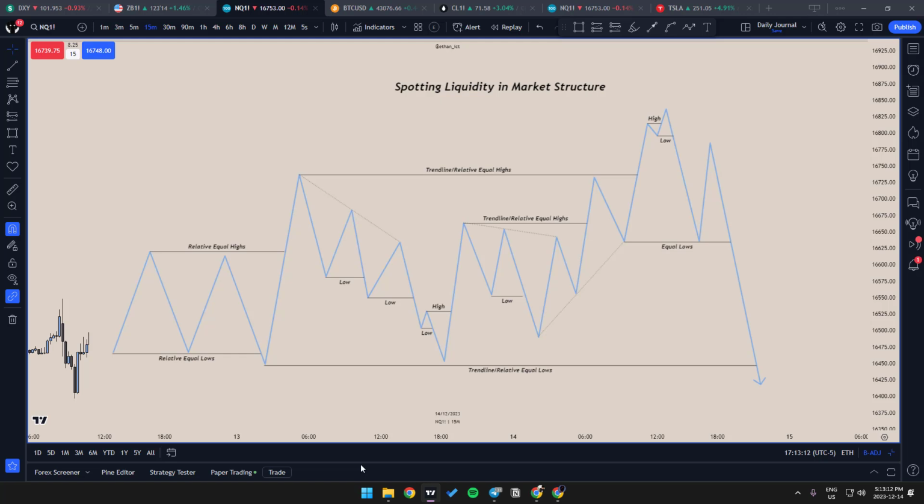To my knowledge, inducement is when you're creating equal highs, equal lows, and then it'll induce traders to get in. So for example, this manipulation induces traders to go long or short. Let me know if that's correct, Khaled.